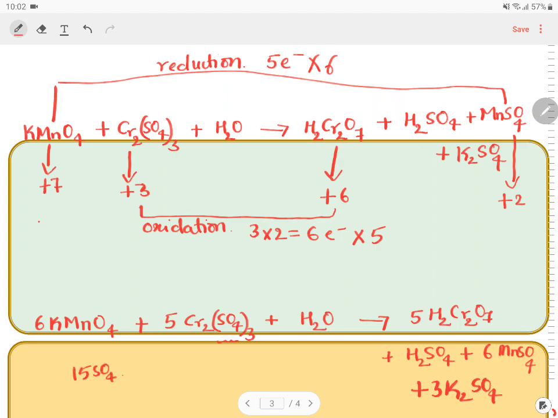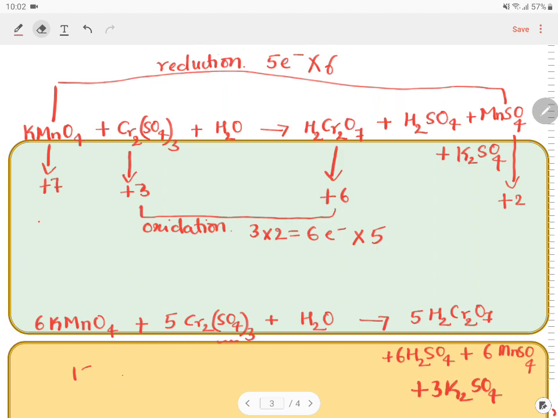Now, on the product side, 3 plus 6, 9 are there, and this is 10. So how much do we need? We need 15. So I'll multiply this with 6, so that the number of sulfate groups gets balanced. Look at this now. 6 sulfate, 6 sulfate, 12. 12 plus 3 will be 15. So now the number of sulfate groups got balanced.